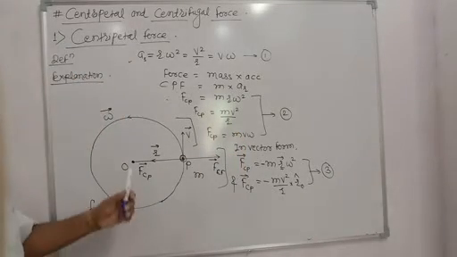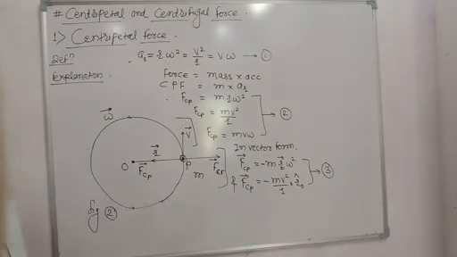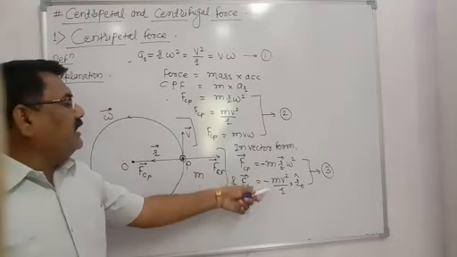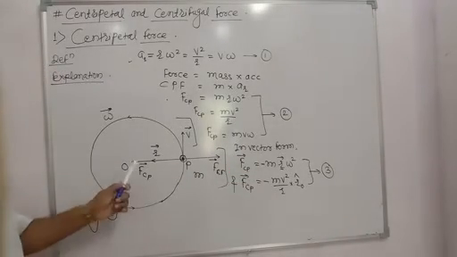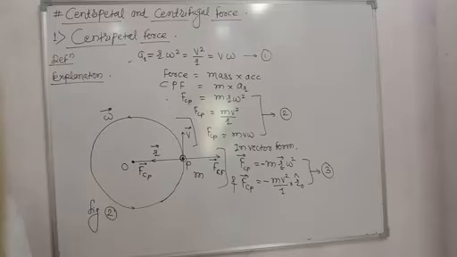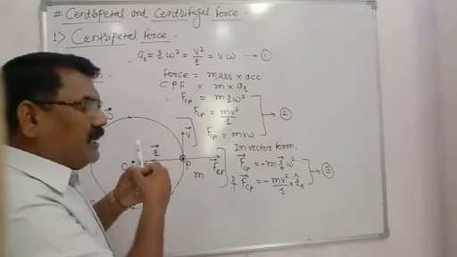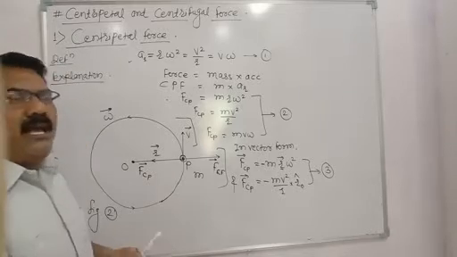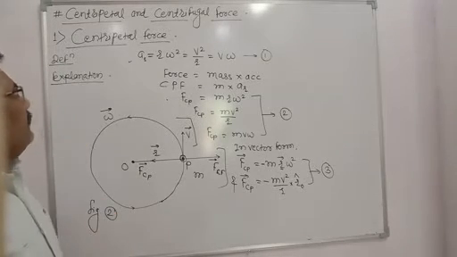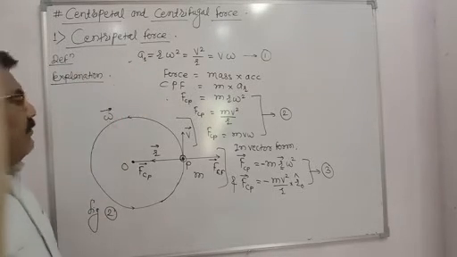So this negative sign indicates that the centripetal force and radius vector or position vector are directed in opposite directions. Okay, this is about the centripetal force.